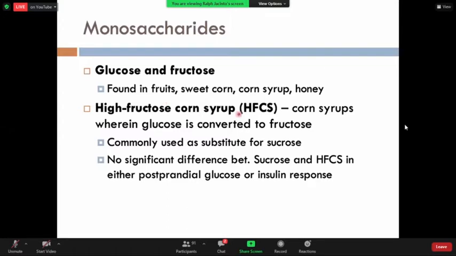They modified this syrup because, as you've learned before, sucrose, your table sugar, is our main sweetener. What would be the components of your sucrose? Which monosaccharides? Do you remember?